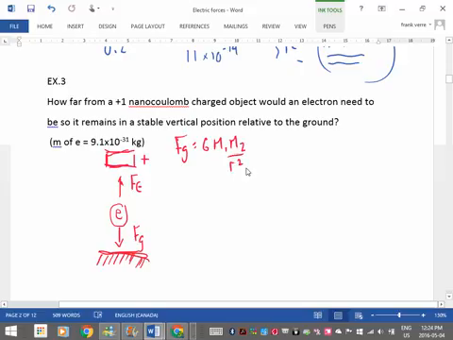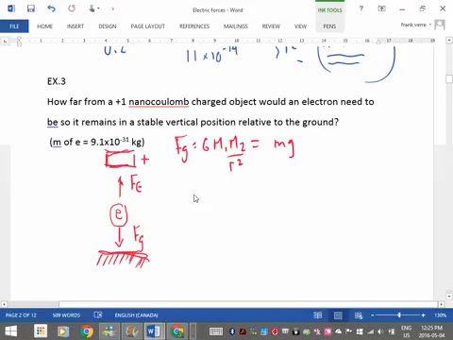Why wouldn't you use that one? The M1 would be the electron, the M2 would be the Earth. But we don't know what R2 is, right? This equation really just gives you your weight on the surface of the Earth, so we could just simply use mg.